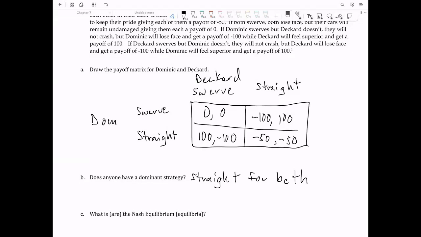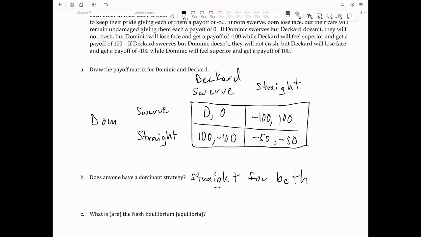So let's talk about something a little bit different. What payoff would they need to get if they were to not have straight be a dominant strategy for both? So what I want you guys to do is go in and erase anything that you want, redraw this graph with them getting a different equilibrium.